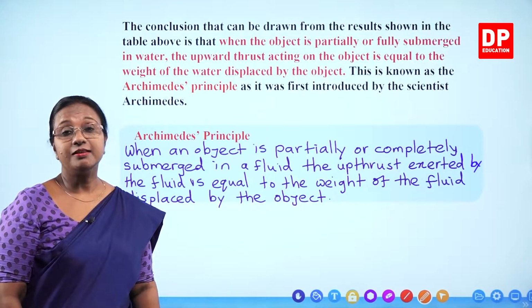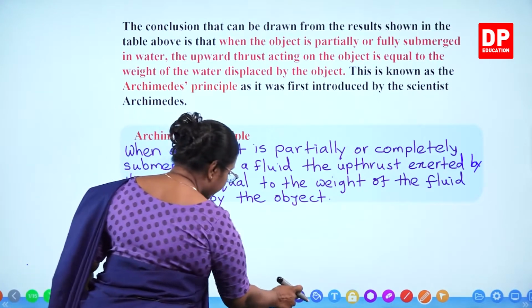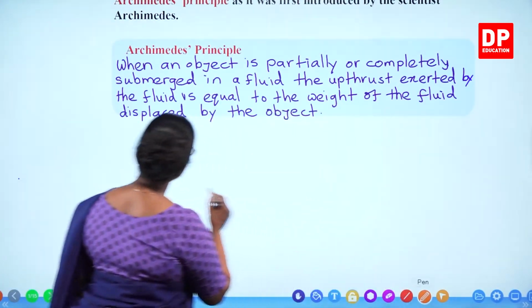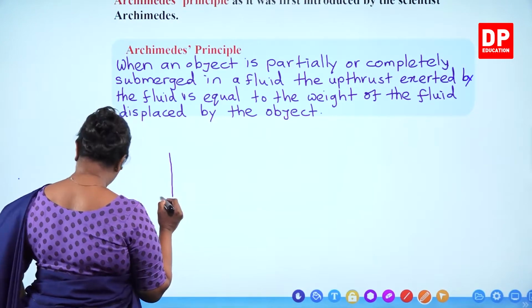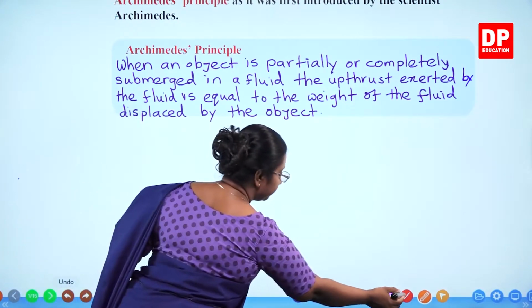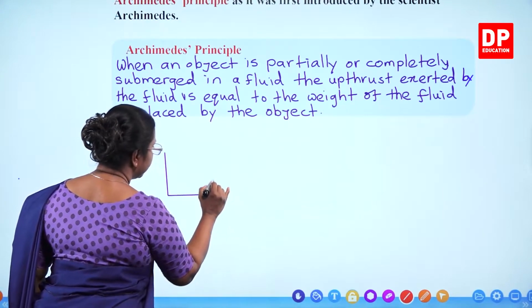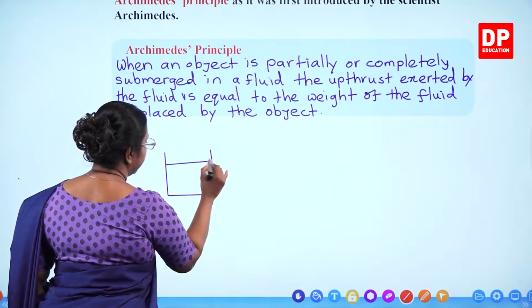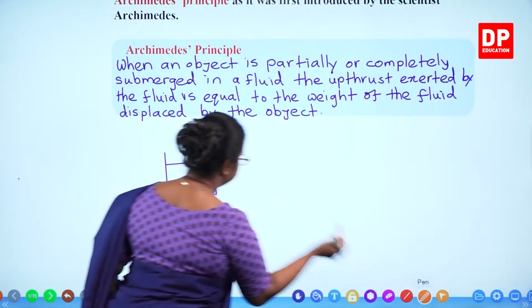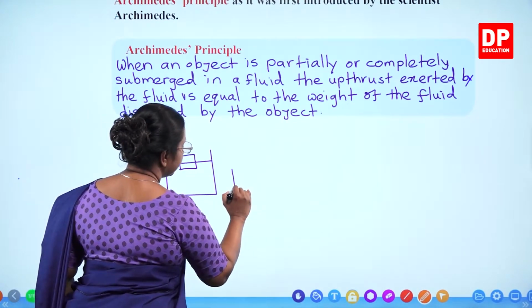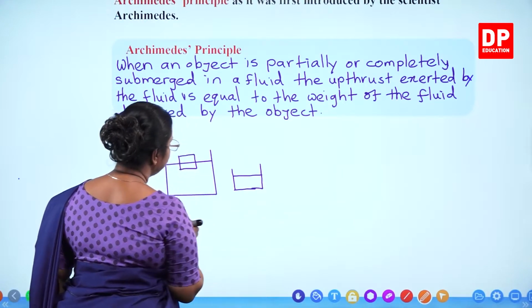So you all can remember that, students. If I recall what we discussed before, again and again I am showing you all the activity. So we had the object in water. So when it was partially submerged like that, there was water that was displaced.